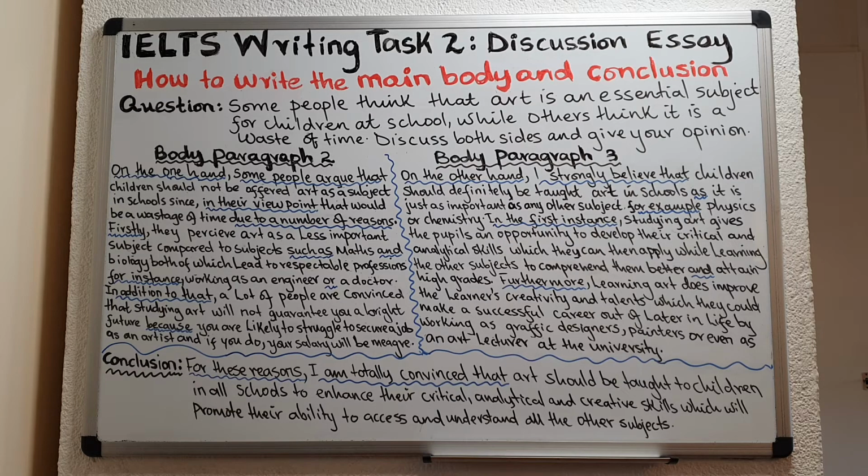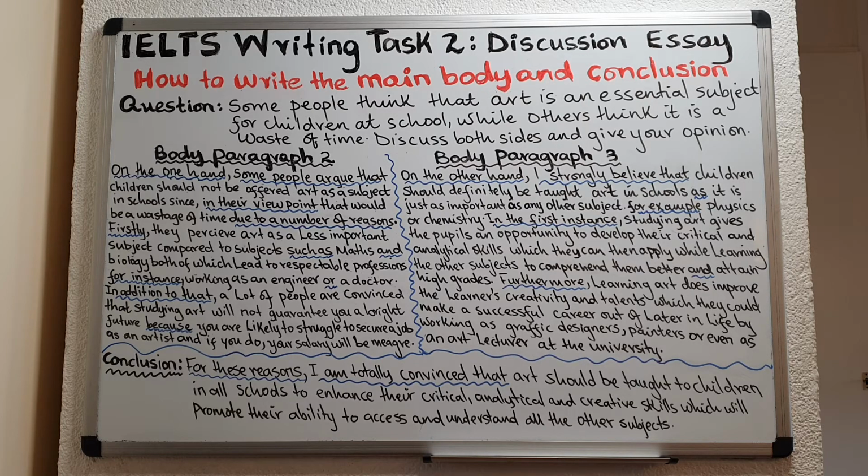So what I have done in body paragraph 3, I have discussed the second opinion. And I have also made it very clear right from the beginning that that is also my opinion. Remember, the question is discuss both sides and give your opinion.